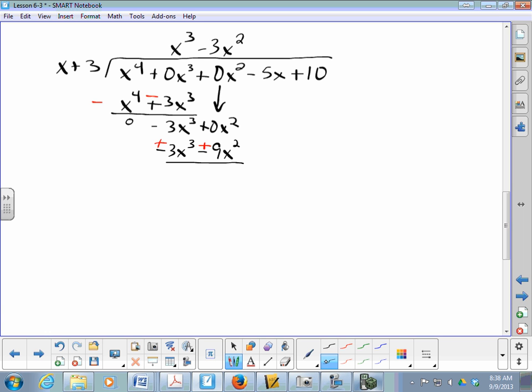Negative 3x cubed plus 3x cubed is 0. And 0 plus 9 is 9x squared. Bring down our next term. Okay. Then we divide. 9x squared divided by x, positive 9x.